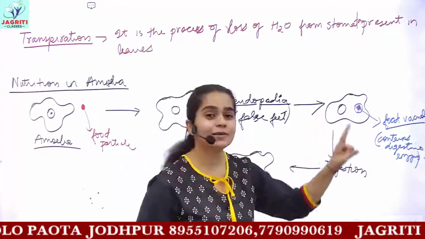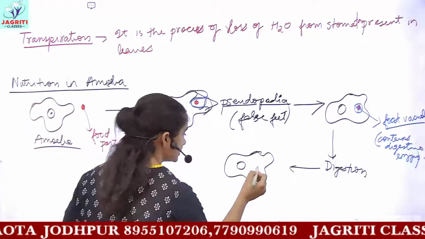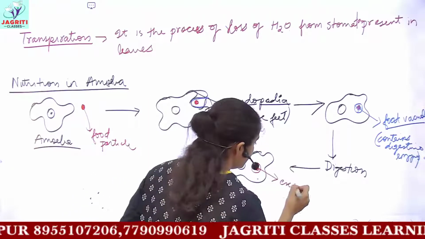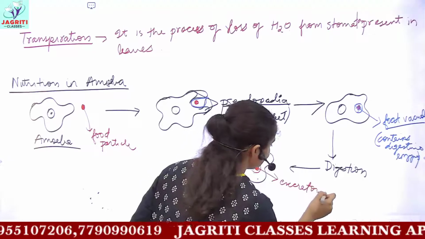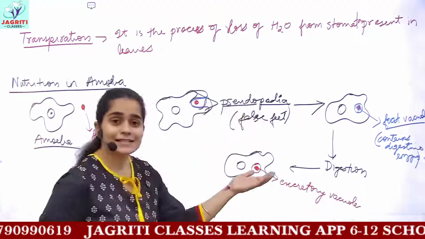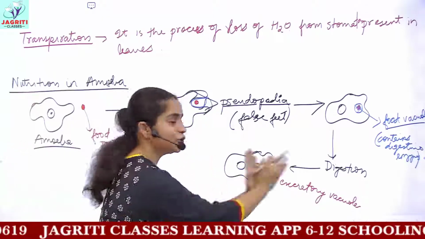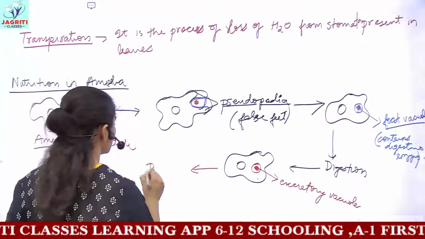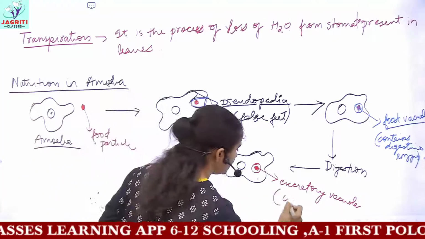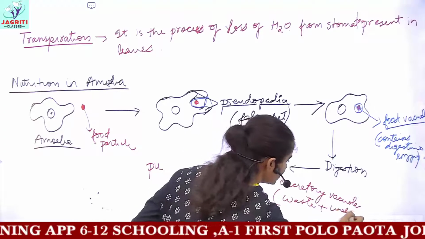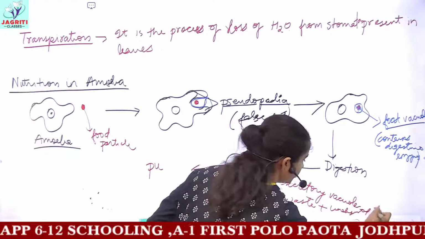Now the remaining food, or you can say the waste, forms a waste vacuole, or an excretory vacuole, in amoeba. Now this excretory vacuole is pushed out from the body. This excretory vacuole contains the waste and the undigested food.